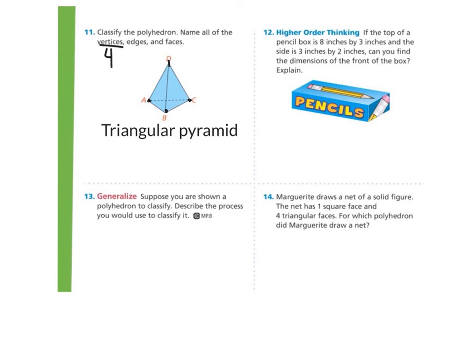The edges I'll draw in red here: 1, 2, 3, 4, 5, 6 edges. And then the faces is how many sides there are. The base is a triangle and then 3 more, so that's a total of 4 faces. And again, we talked about faces plus the vertices minus the edges should equal 2.